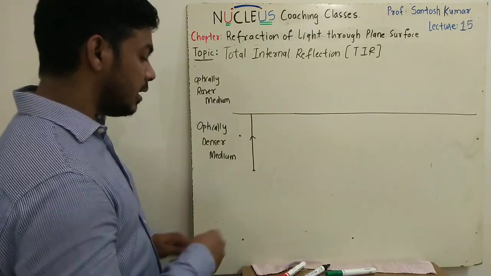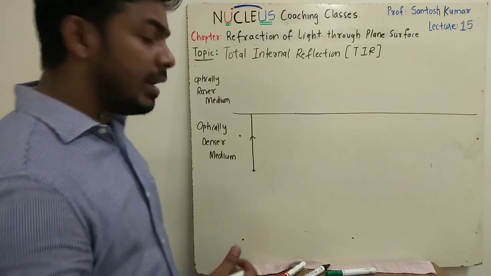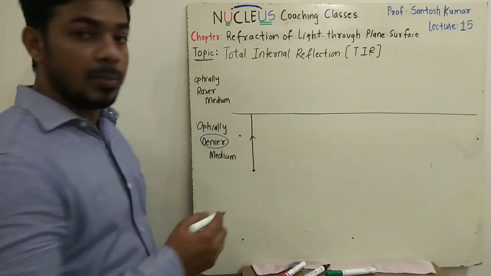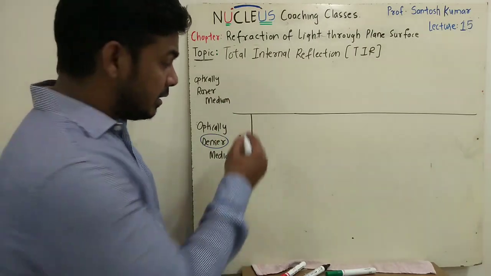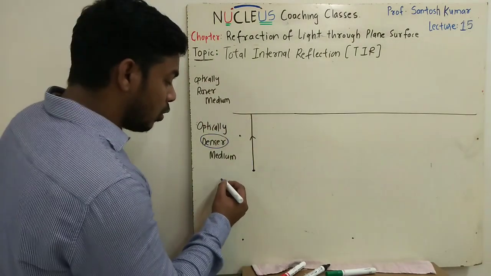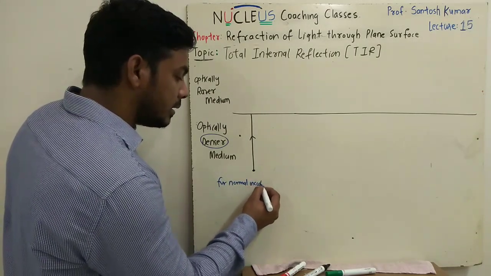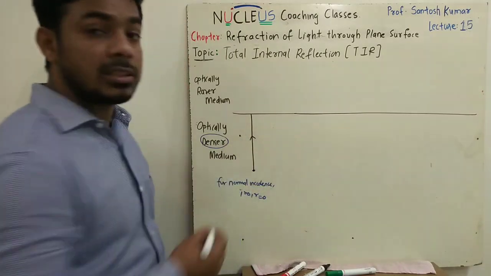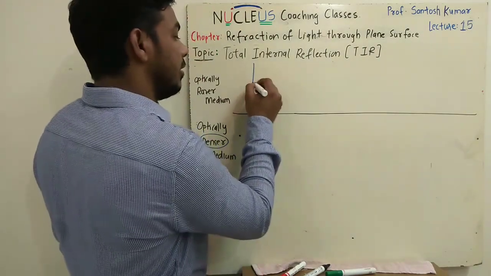So what I have done, I have considered a point object from which so many rays will come out, and this point object is kept in optically denser medium. I will consider one of the rays coming from the point object which is incident normal to the surface, and we already know that for normal incidence, angle i is 0, so the angle of refraction will also be 0, and the refracted ray goes undeviated, right?